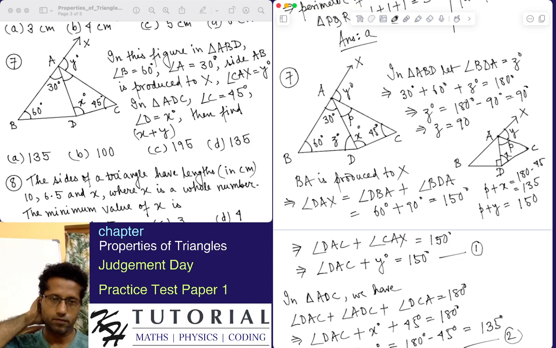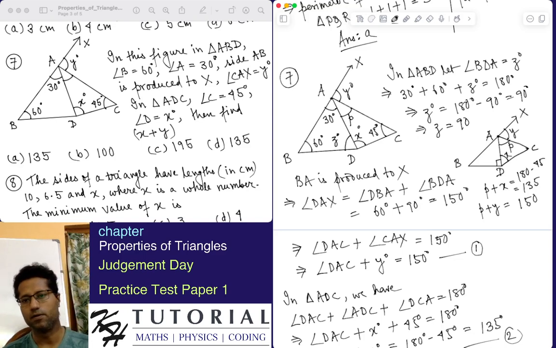It was looking so from the figure, but just by looking at the figure, you can't assume something. You have to be very sure based on what data information has been given. So whatever data has been given, this does not necessarily say that the points BDC are collinear. That is, BC needs to be a straight line.